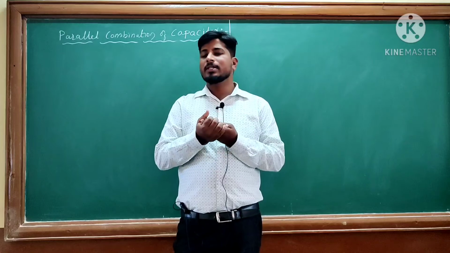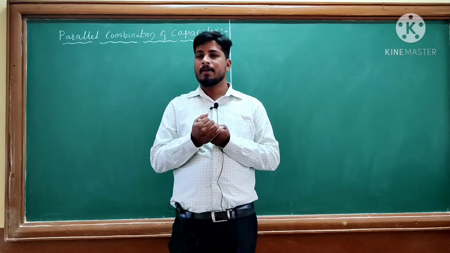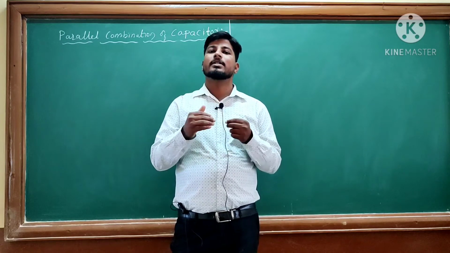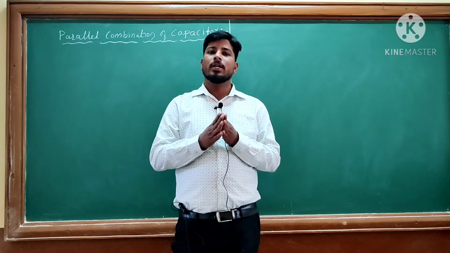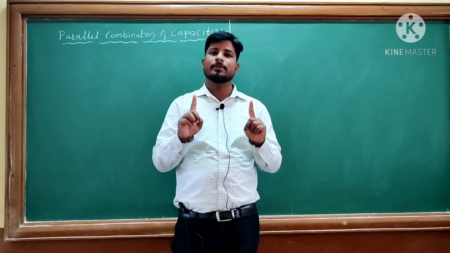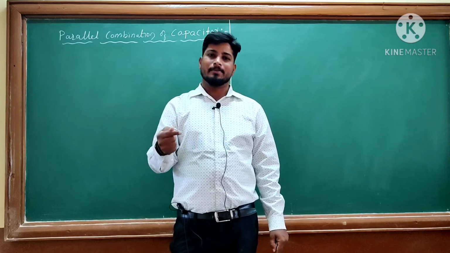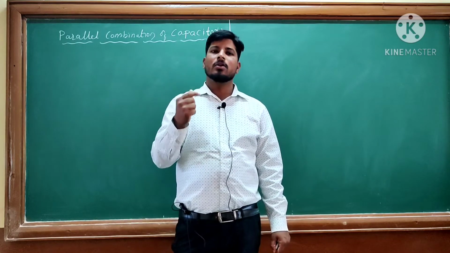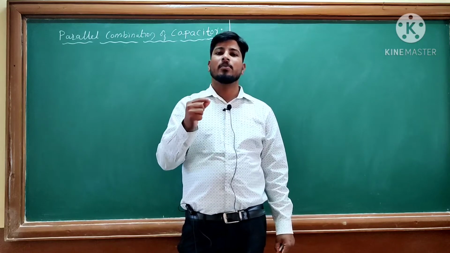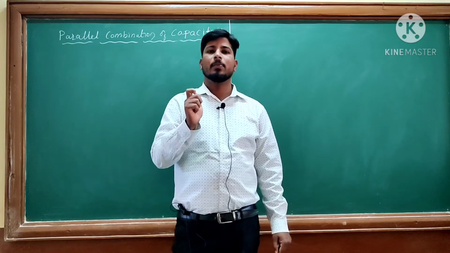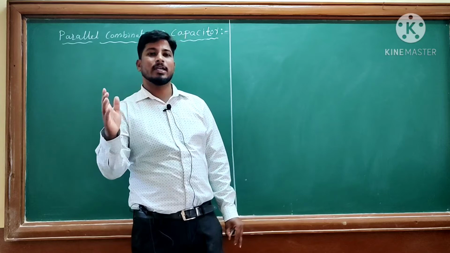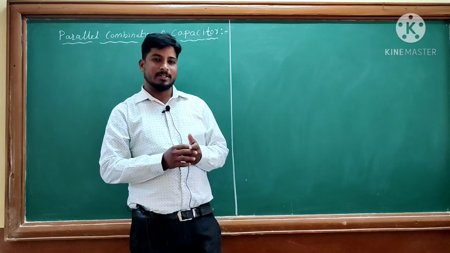In series combination we have seen that two or more capacitors are said to be in series only if they are connected end to end, such that the charge on each capacitor is the same and the total potential difference across the combination is the sum of the potential differences across each capacitor.